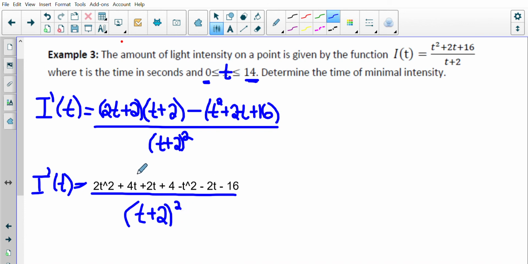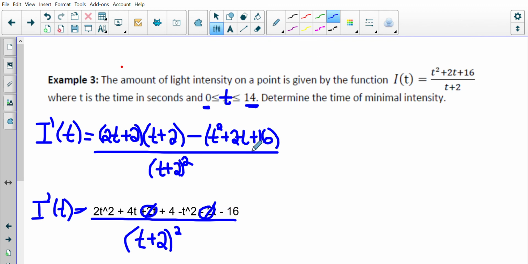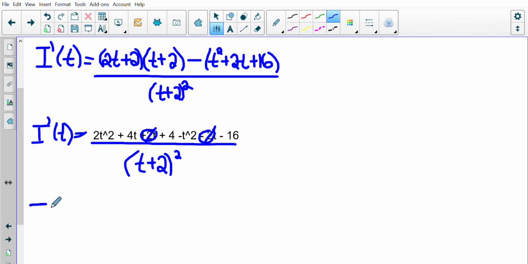So what do we got here? Simplifying things. I've got 4t plus 2t, and I got a minus 2t. So these 2t's at least are gone. All right. Is that minus 16? Oh, yeah, it's a minus 16. All right. So let's see. You still can simplify things. So I've got I of t. I got 2t squared minus a t squared.